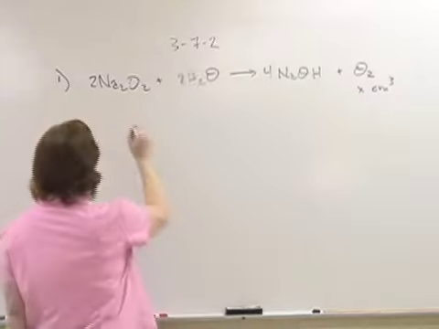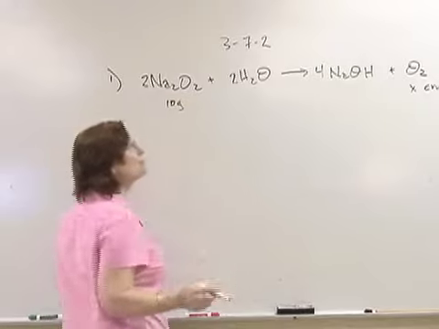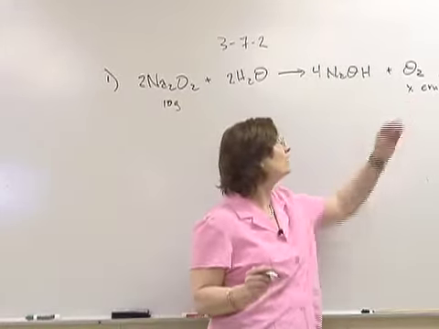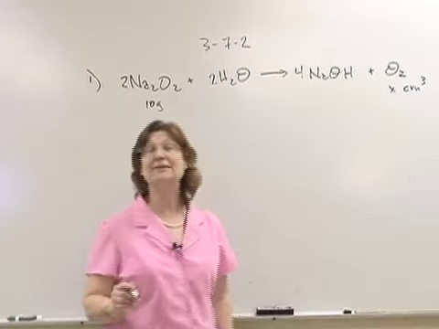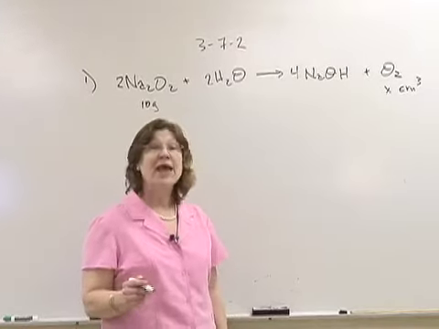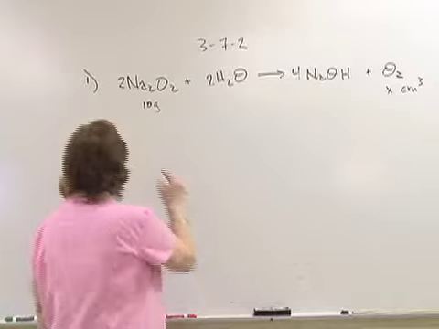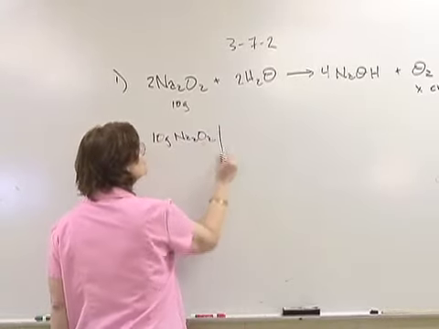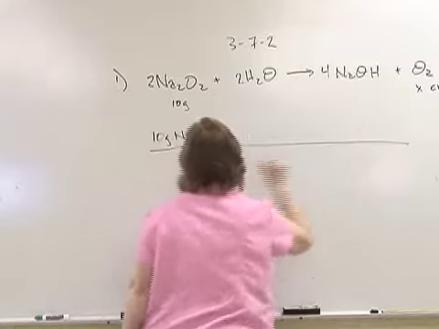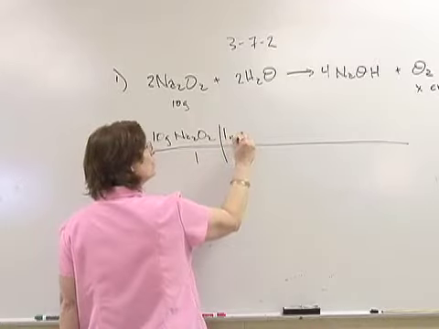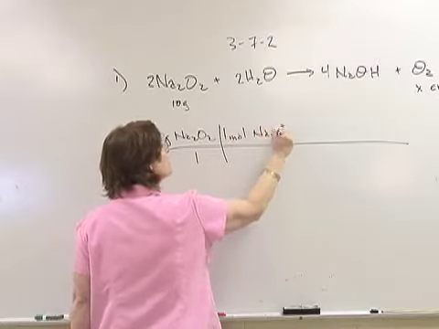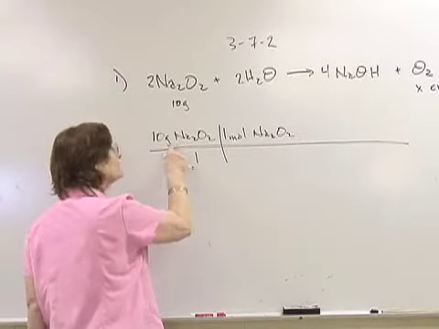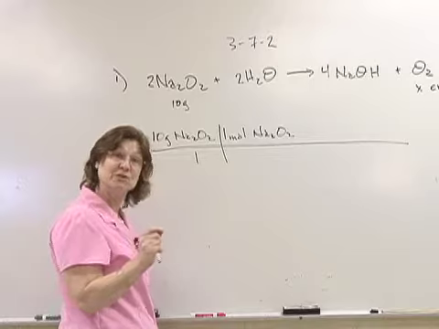Now I'm given 10 grams of the sodium peroxide, and what I'm looking for is the volume of the oxygen for non-standard conditions. And therefore the first thing I will do is change my grams of sodium peroxide to moles. I notice immediately that the unit that I'm given is grams, and therefore I must use my AMUs.